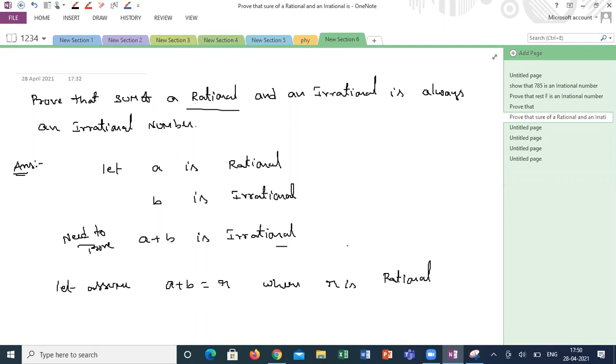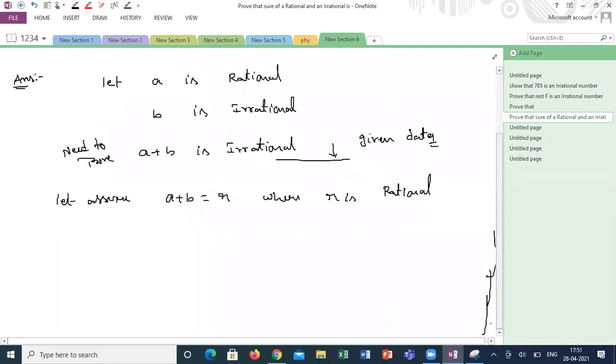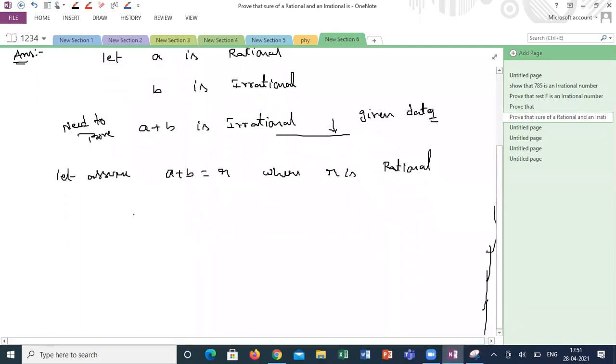Till here it is not an assumption, it is like given data. What is our requirement? A plus B is equal to R, so I am taking B is equal to R minus A.